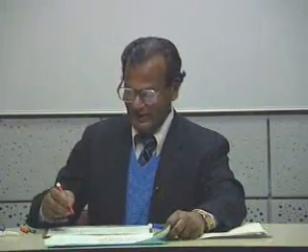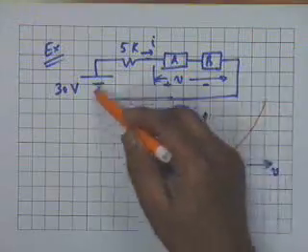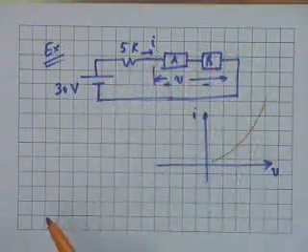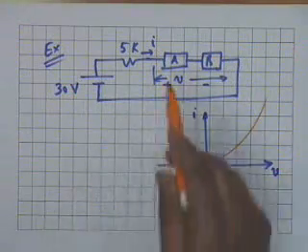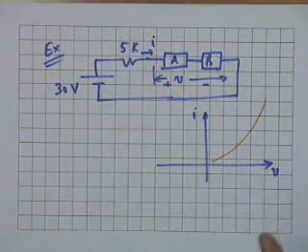Now the next question is, you have plotted I versus V. Let's say this is the characteristic. Then what you are required to find out is I and V for this particular circuit. I versus V is one characteristic.